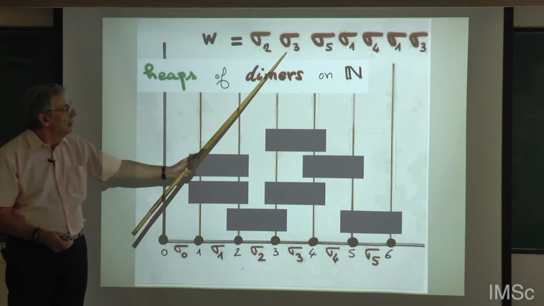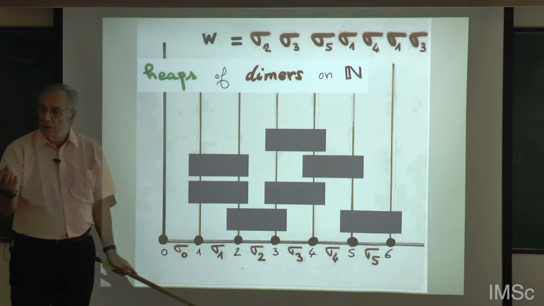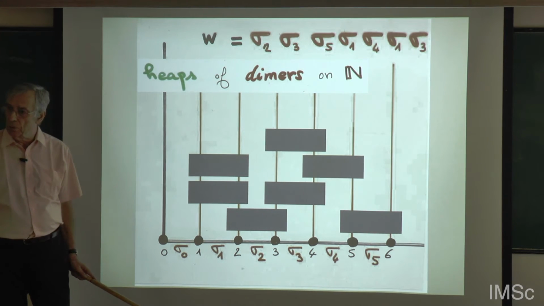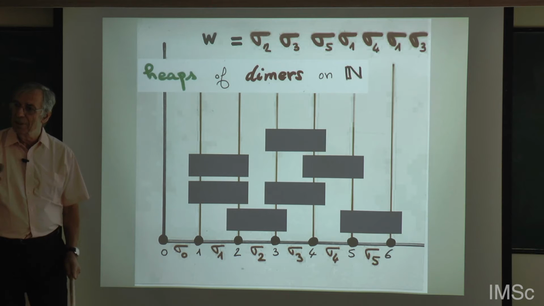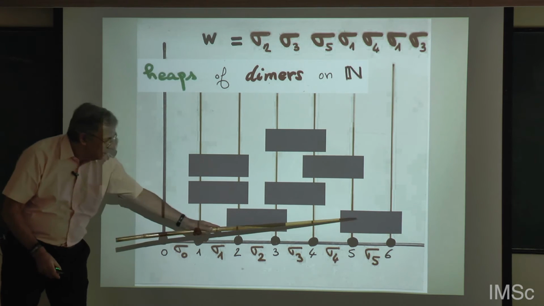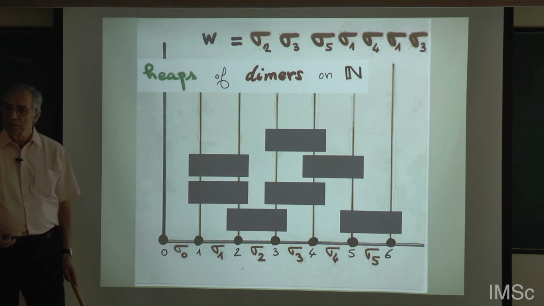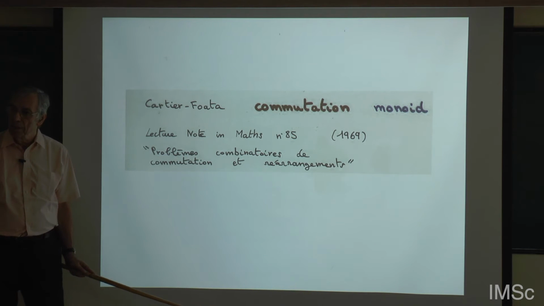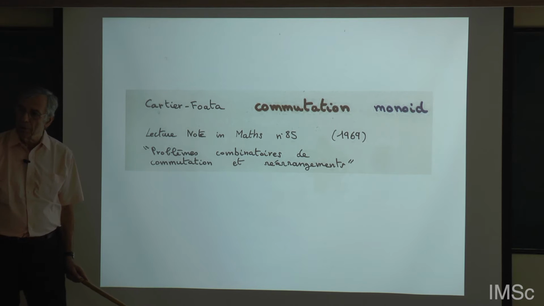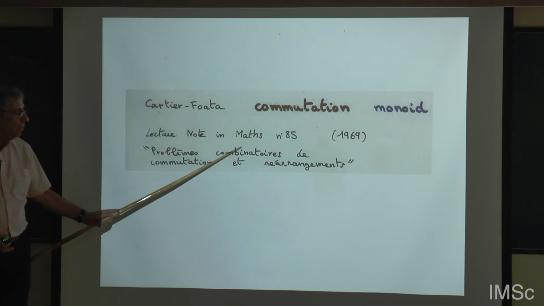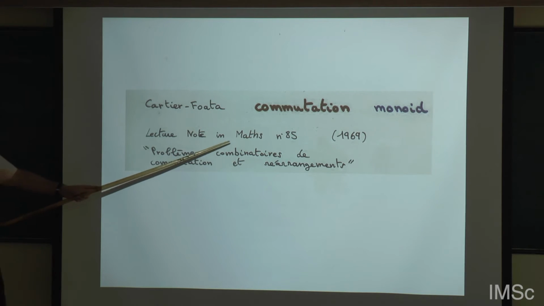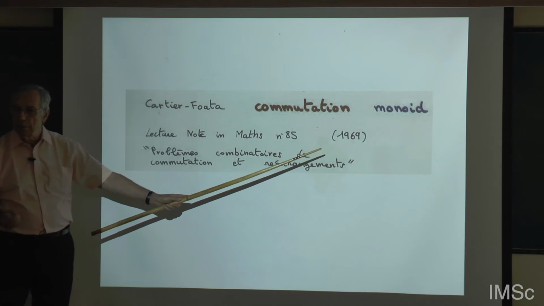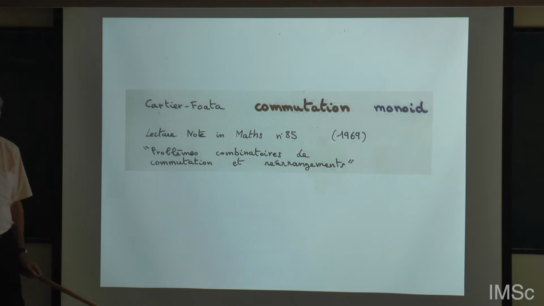If sigma i and sigma j, the difference between i and j being bigger or equal to 2, then you can commute the two variables. So in fact, I say that this heap of pieces is a geometrical combinatorial interpretation of the so-called Cartier-Foata commutation monoid. Commutation monoid, it's some monoid with some commutation.